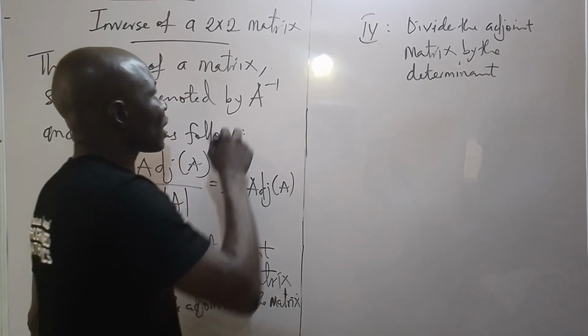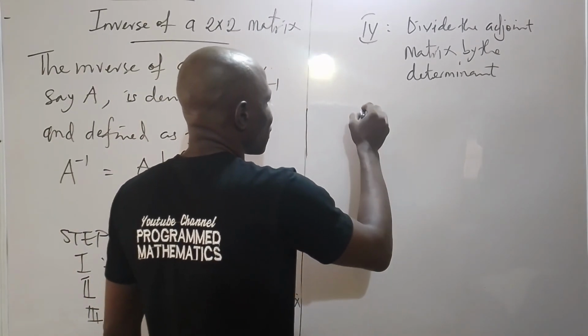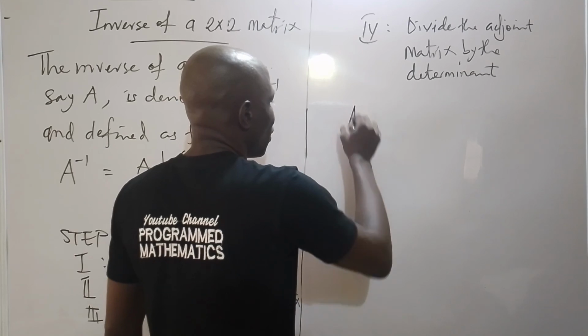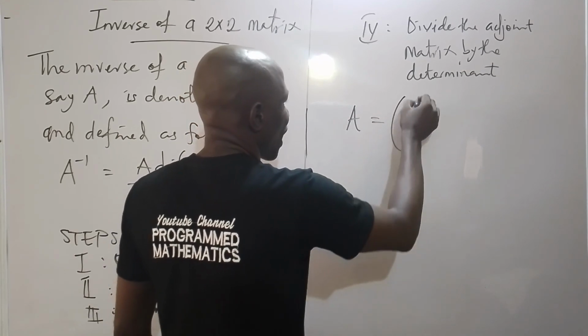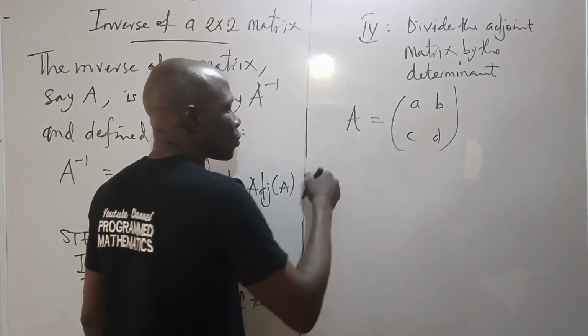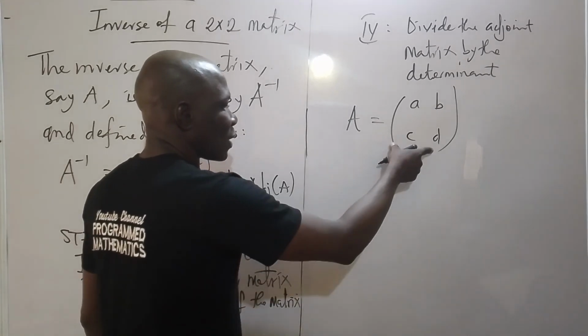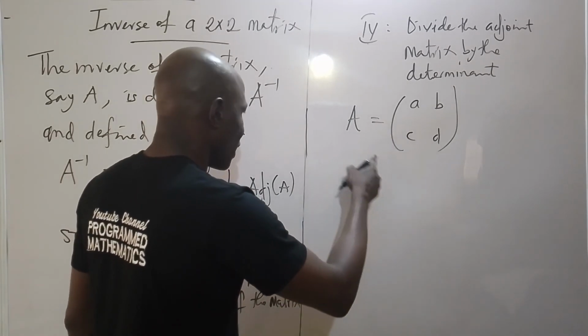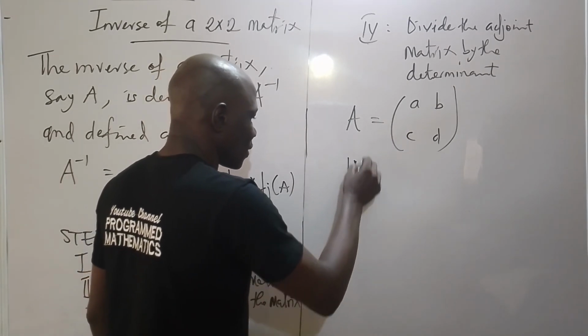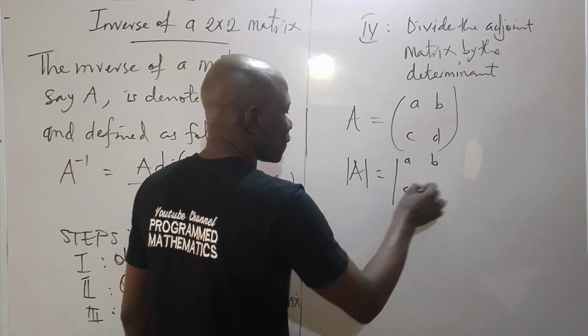In this video, like I said, I'll be taking a 2 by 2 matrix. Let's say, for instance, matrix A has the elements a, b, c, d. If we are to get the inverse of matrix A, first we get the determinant of matrix A, that's |a b; c d|.